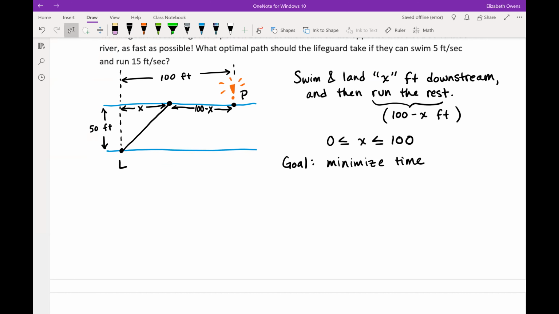Let's write down some ideas here. We could say that the total time it takes to complete this path is going to be a combination of the lifeguard's time spent swimming plus the time that they spend running.